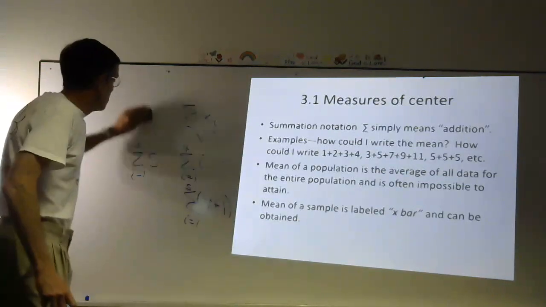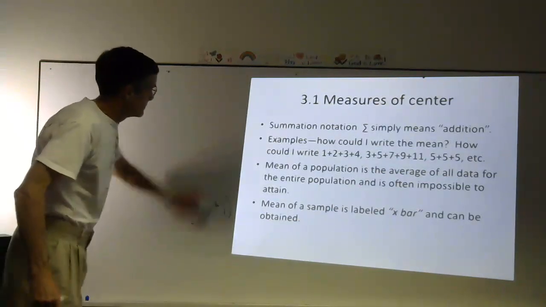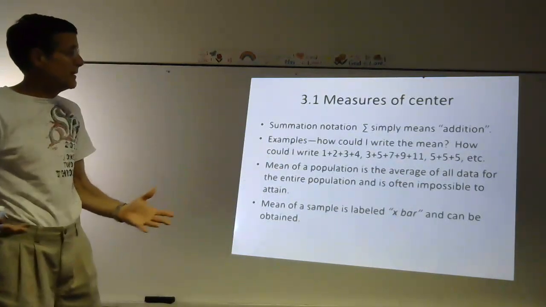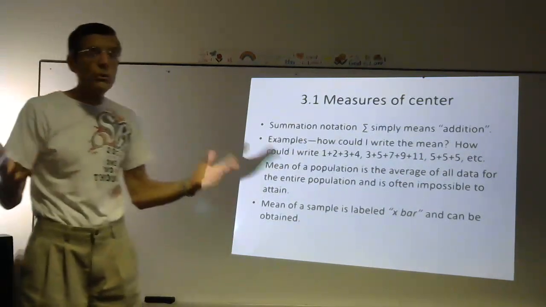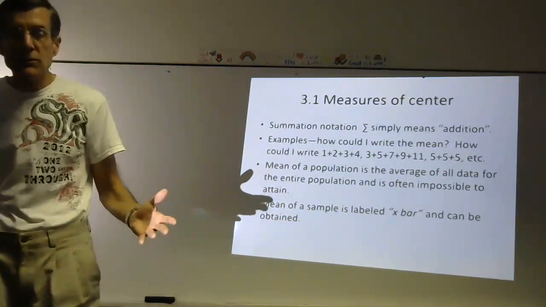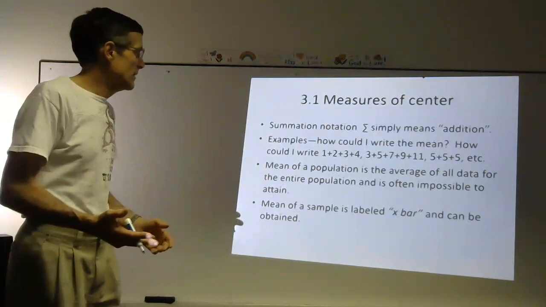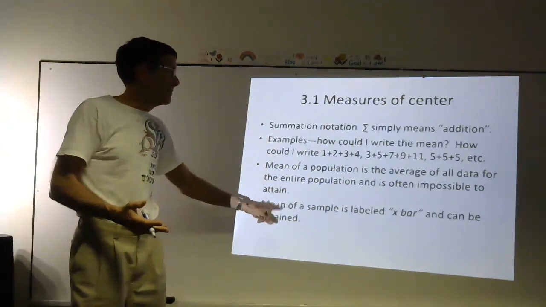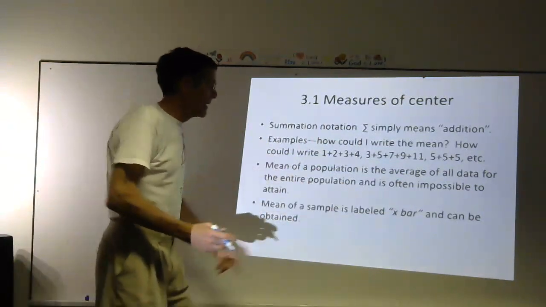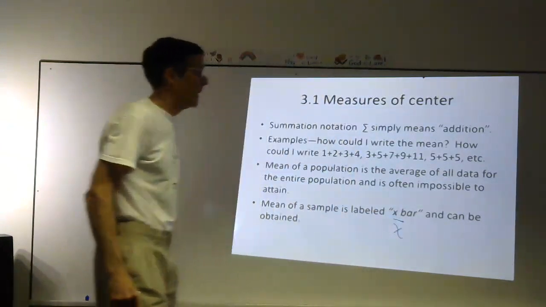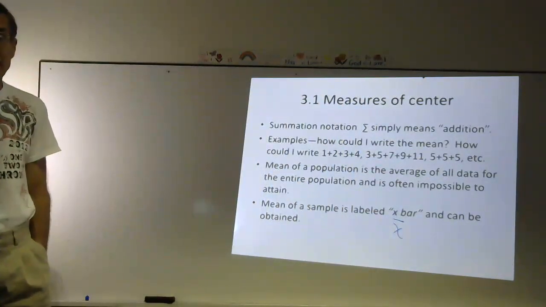All right, mean of a population. The mean of a population is the average of all data for the entire population, and that is more or less impossible to do. Very hard to do. The mean of a sample is labeled x bar, x with a bar over top, and can be obtained.